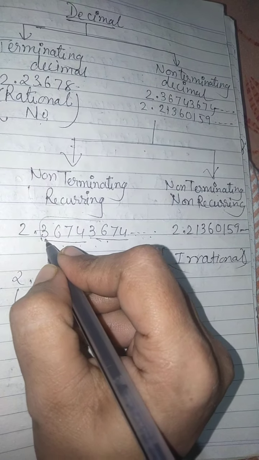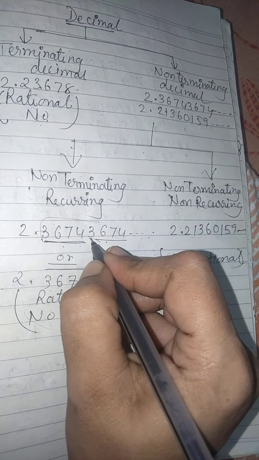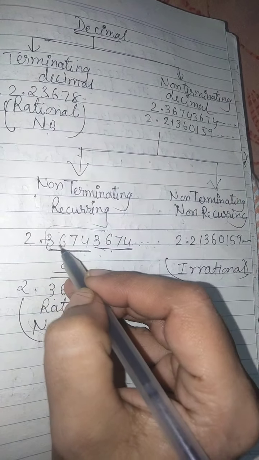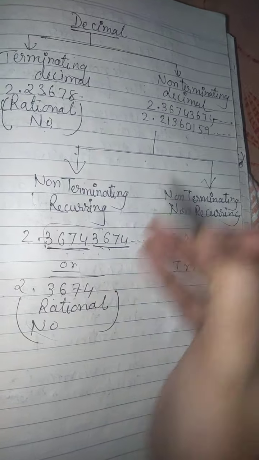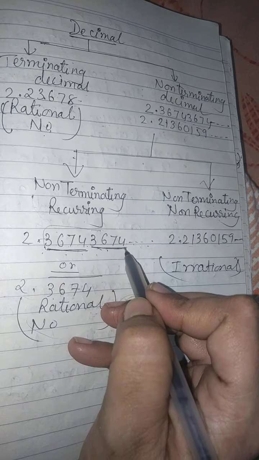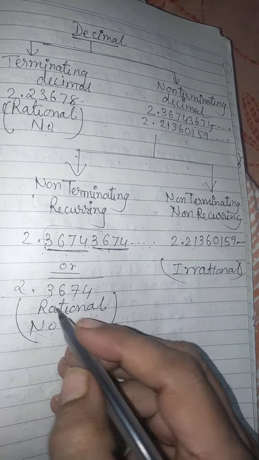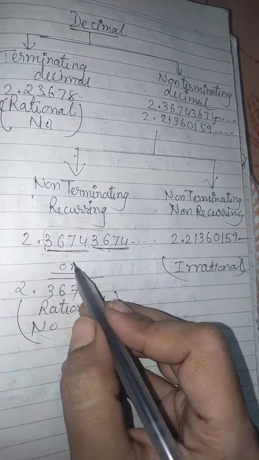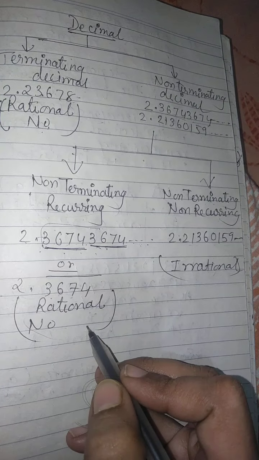If after the decimal point the same numbers are repeated in the same order, see here 2.3674 3674, then such a decimal is called non-terminating recurring, and a non-terminating recurring decimal is a rational number.